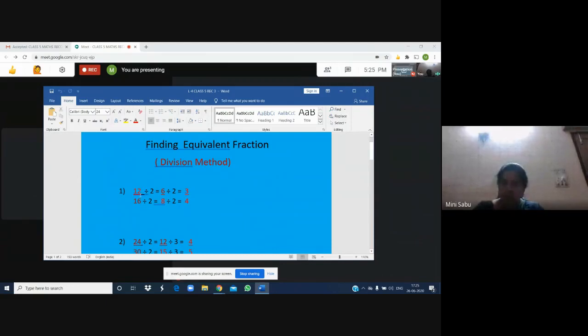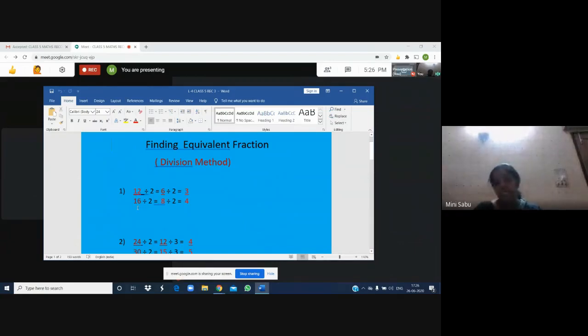Say 12 upon 16. Here in this example, whatever fractions I have written in red, they are equivalent fractions. So 12 by 16 is taken. Try to find some number from the multiplication table by which 12 and 16 are both divisible.